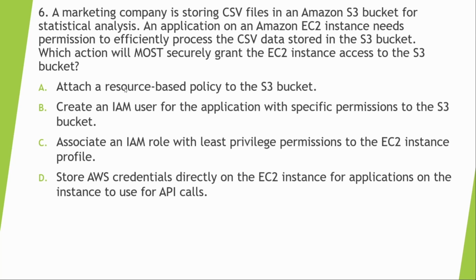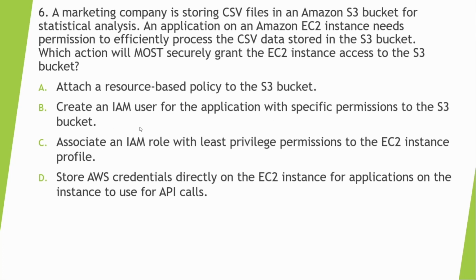So let's go option by option. Attach a resource based policy. What is a resource based policy? It is a policy attached to a resource, where you can specify who has access to the resource and what actions they can perform. But here we need EC2 to talk to S3, so this is not the correct answer. Then creating an IAM user for the application with specific permissions to the S3 bucket.